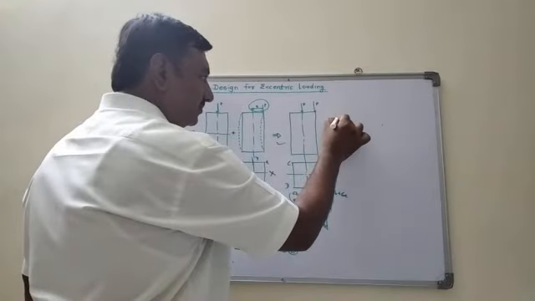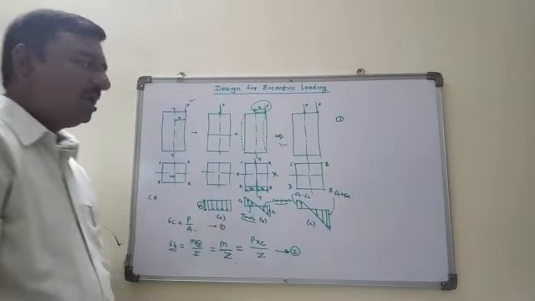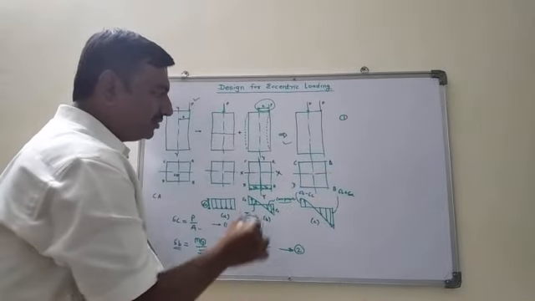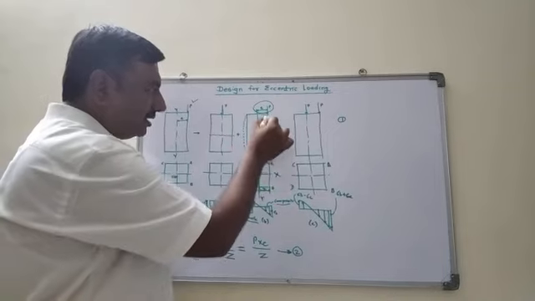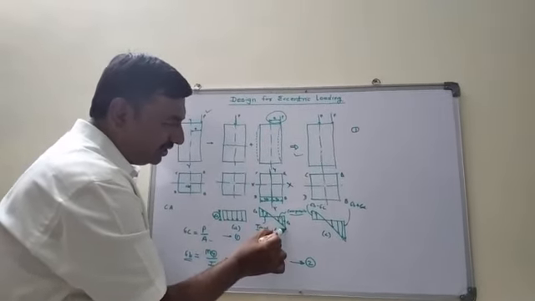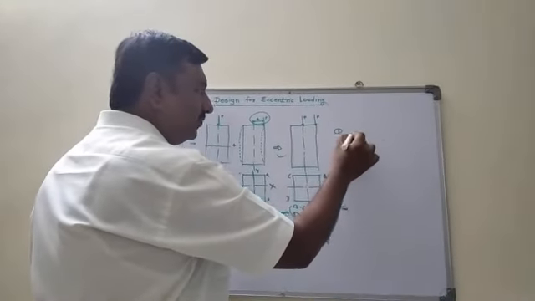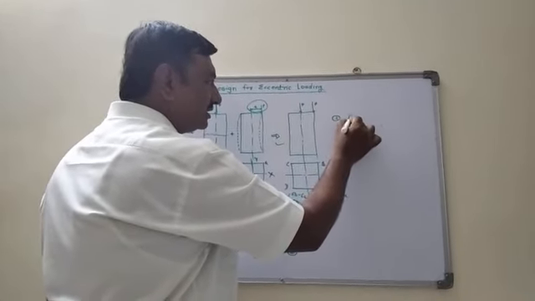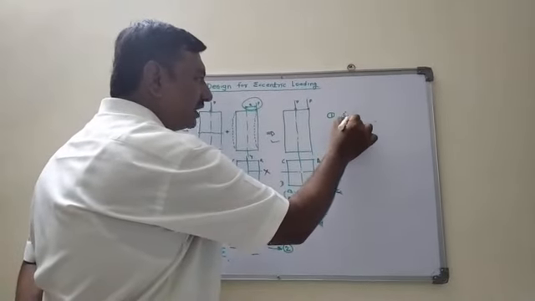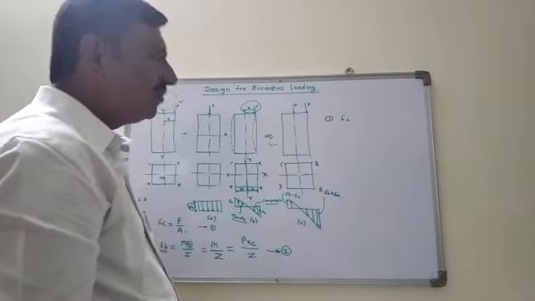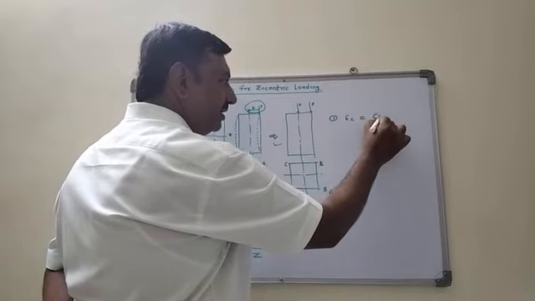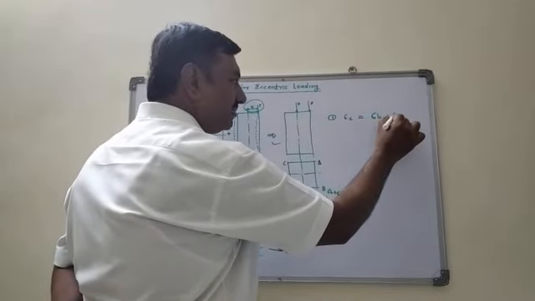Then first, at the edge AB, as I already told, the inner fiber is subjected to compressive stress. This is the nature of the magnitude. Therefore, we can write the resultant compressive stress. Resultant compressive stress is equal to sigma b plus sigma c.